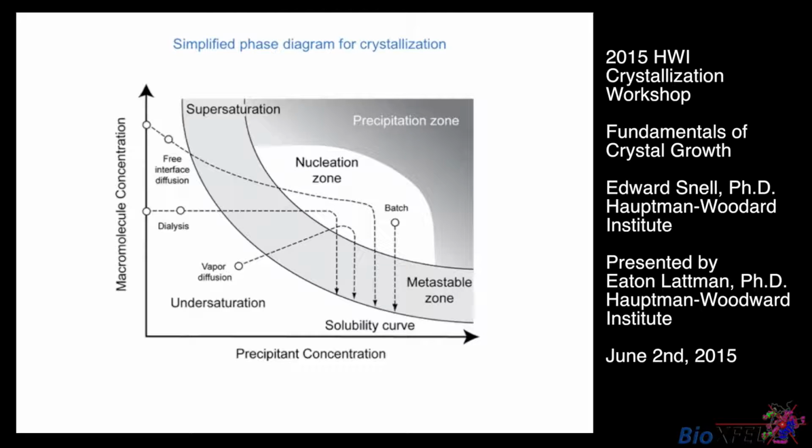The nucleation zone is a zone in which the macromolecular concentration and the precipitant concentration are sufficient to produce small crystal nuclei. It's a critical point that it's usually harder to make a nucleus than it is to grow it once you've made it. There are entropic effects that bring small numbers of molecules together and other effects that make a free energy barrier.